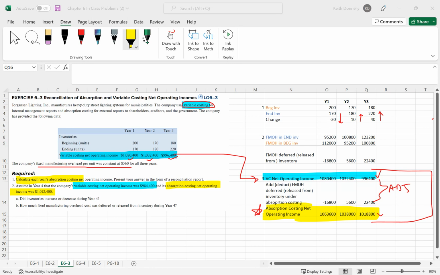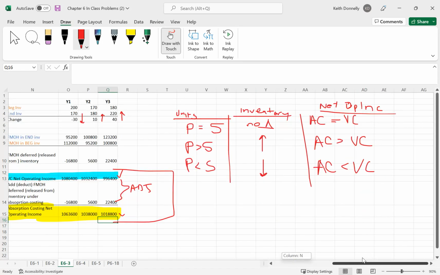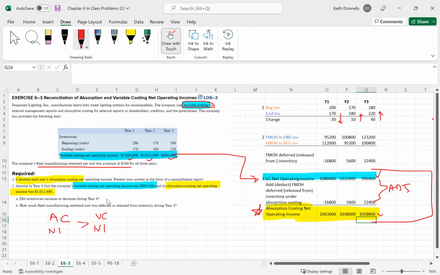Because in year 4 our absorption costing net operating income is greater than our variable costing net income, if we go over to our little chart, this is going to mean that our inventory has increased.